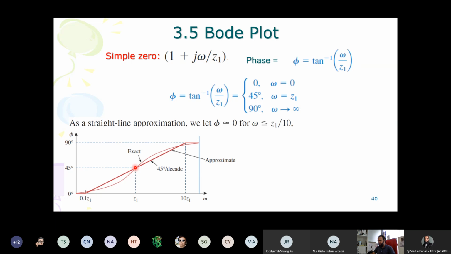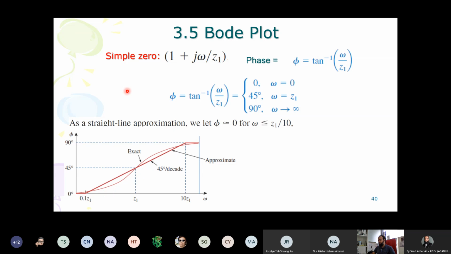So at that frequency it will be 45, and we'll go 1 decade before and 1 decade ahead, from 0.1 of Z until 10 Z. So if Z1 is, suppose, 6, it will be 0.6 till 60, from 0 to 90. We'll consider this as the slope. So the difference in magnitude and phase is that for magnitude we start at Z1, but for phase we start at 1/10, or 0.1, of Z1.